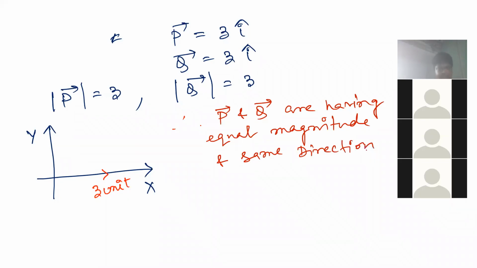Equal magnitude and same direction. So that's why p vector and q vector are equal. This is the difference between equal and equivalent.